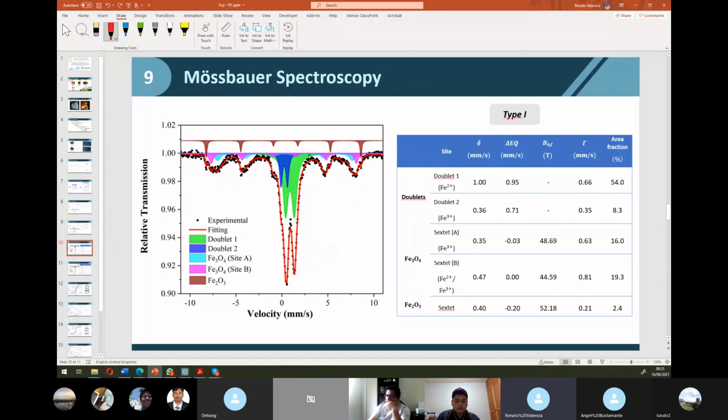These sextets are here, and this sextet is hematite.